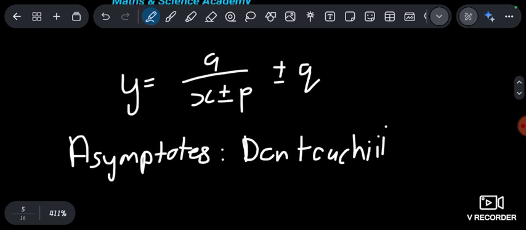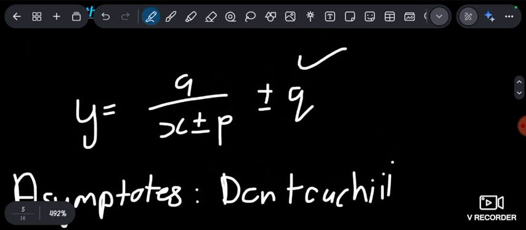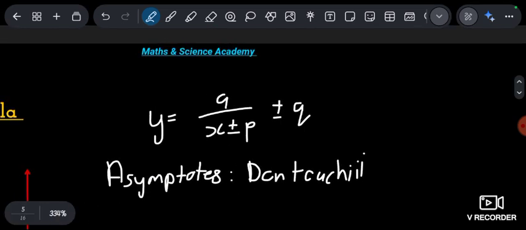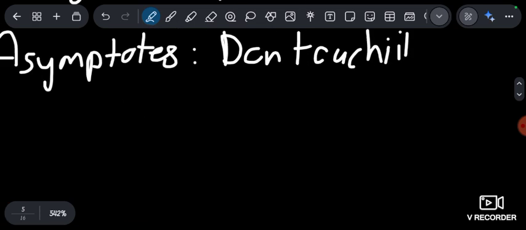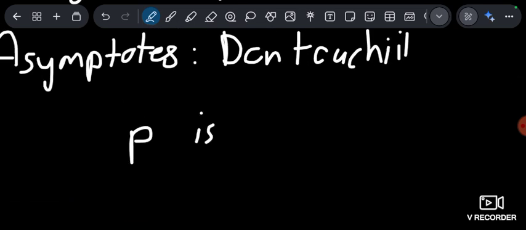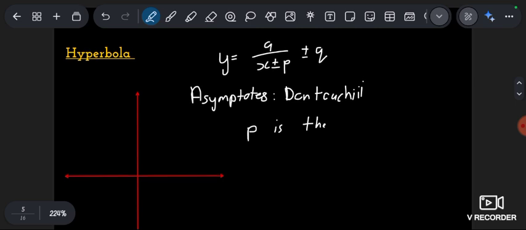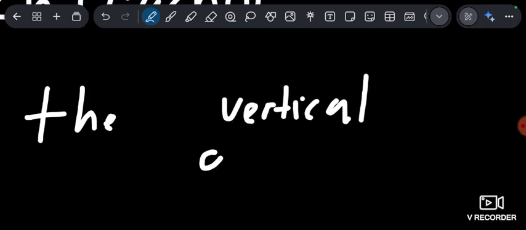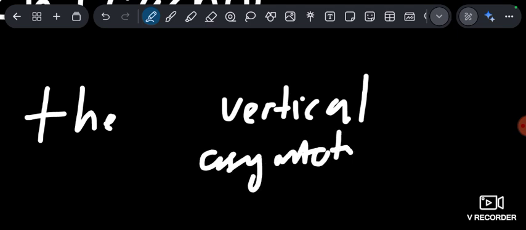Now, if you remember, p and q represented the vertical shift and the horizontal shift, and they also represented the coordinates of the turning point of a parabola. But here, they represent the vertical and horizontal asymptote. Now we can see that p is the vertical asymptote, right?